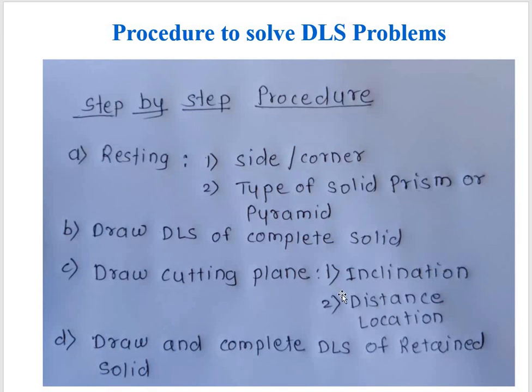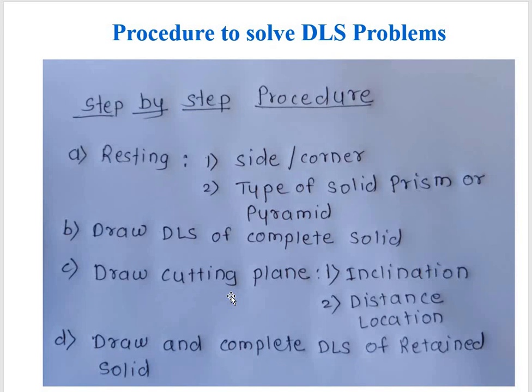In the main problem you have an additional condition, for example: a square prism is resting on one of its corners, draw its DLS, and it is cut by the AIP at an angle of 30 degrees at a distance of 20 mm from the base. Likewise you may be asked a question in the exam.